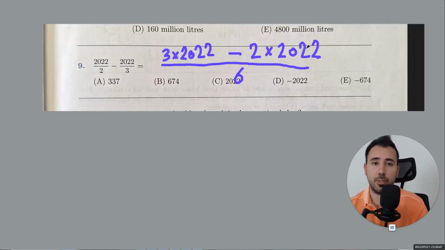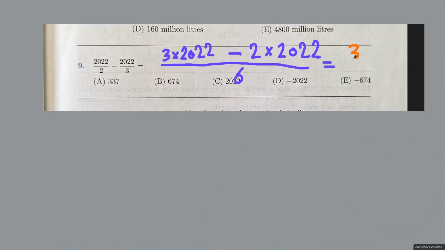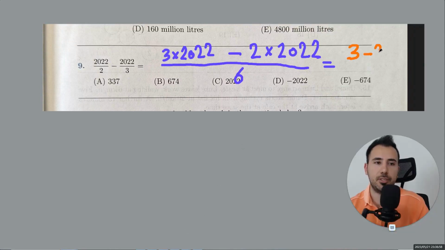Because 2022 is repeating, we need to just factorize it. We have 3 of these minus 2 of these. So it's going to be 3 minus 2 multiplied by 2022 divided by 6. Of course, 3 minus 2 is going to be 1.